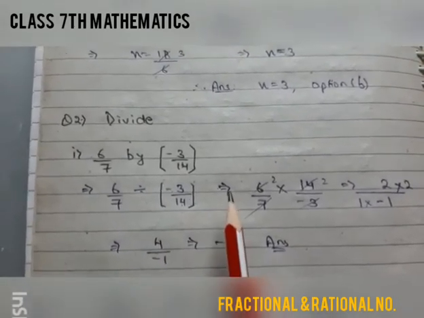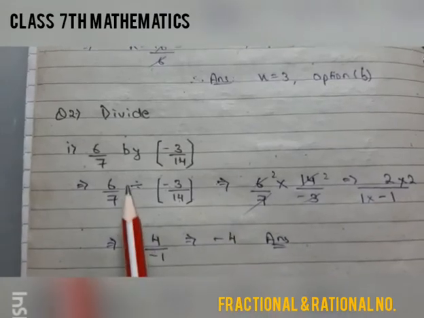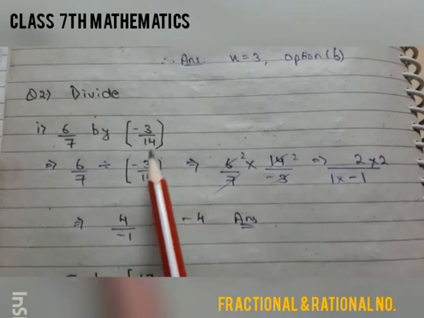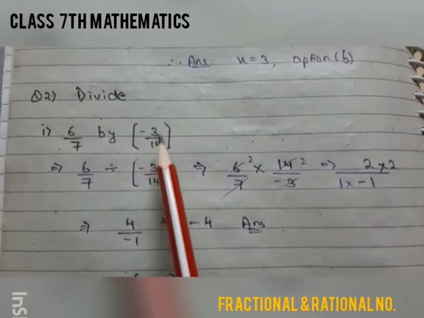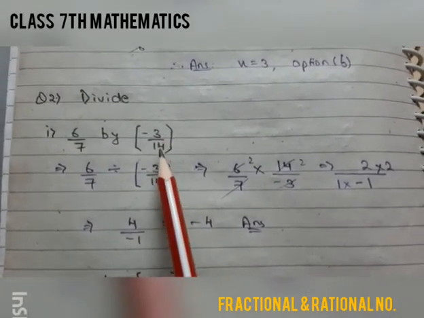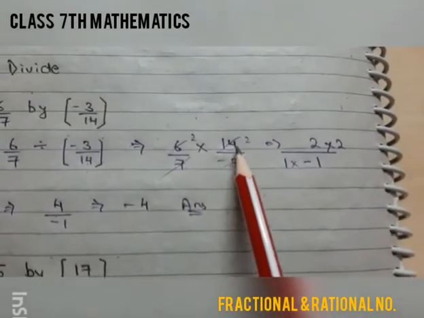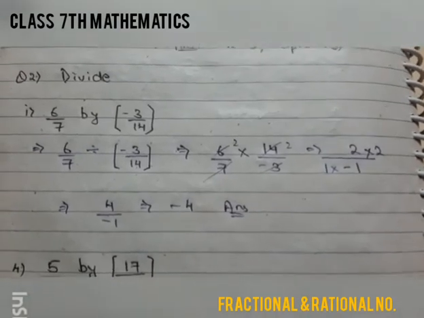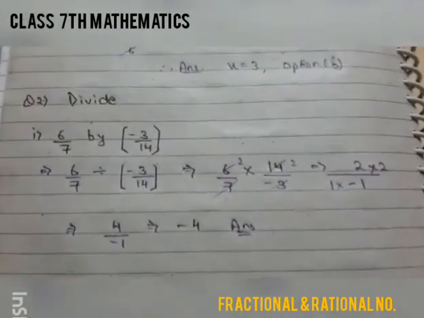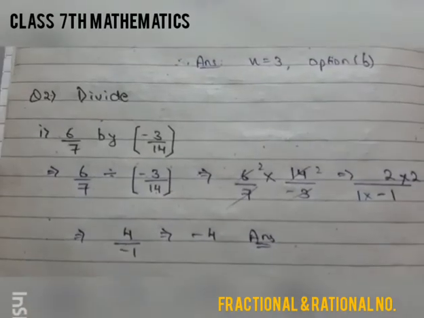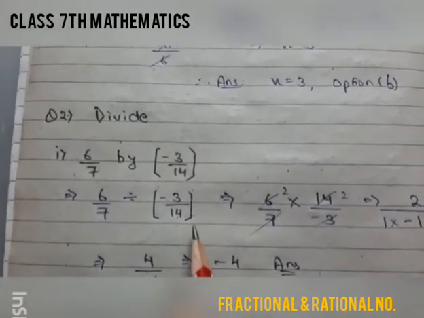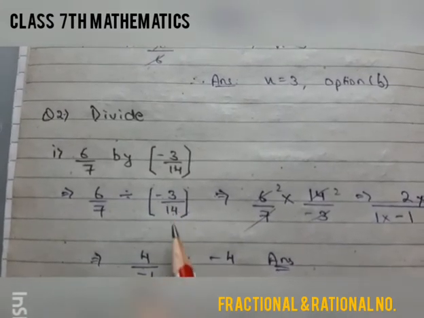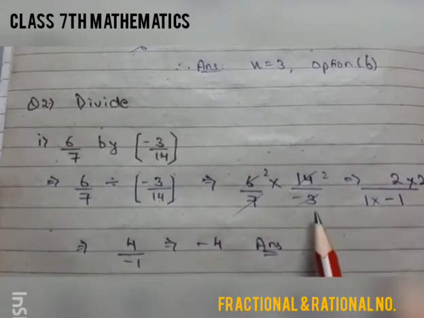Now our solution starts. What does the process say? Multiply the first rational number into the reciprocal of the second rational number. Now the reciprocal of minus 3 upon 14 is 14 upon minus 3. Write it down, 14 upon minus 3. When you solve it, the answer will come minus 4. Now what you need to pay attention to is these signs. When you were doing the reciprocal, the reciprocal of minus 3 upon 14 will be 14 upon minus 3. The minus sign will go to the denominator.